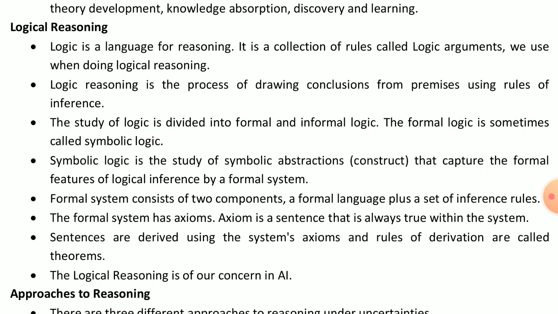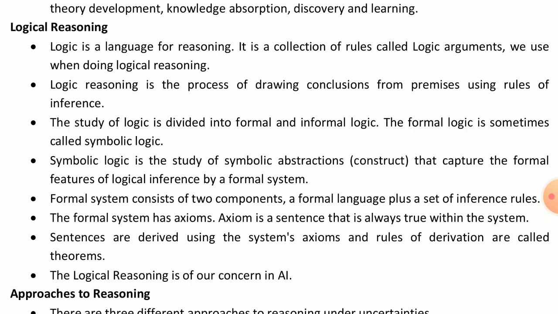Then symbolic logic is the study of symbolic abstractions that capture the formal features of logical inference by a formal system. Now we can study symbolic constraints, what the symbols are, what the features are, okay, and then we can make some system.